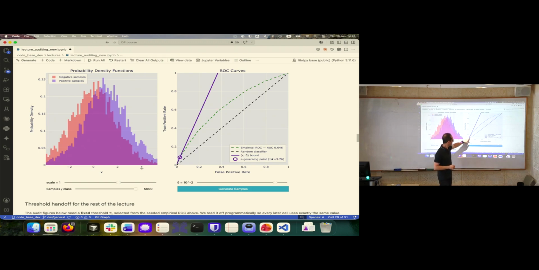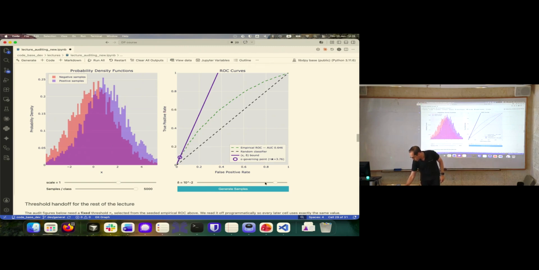Second point is I want to point out the fact that you might have already noticed that this circle corresponding to the point on the ROC, which induces the epsilon, typically lands relatively close to the 0 corner. And in fact, even the fact that it's a bit further away is only because I chose a relatively large delta.